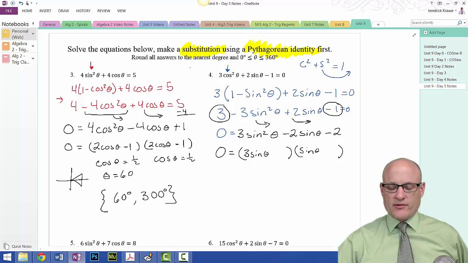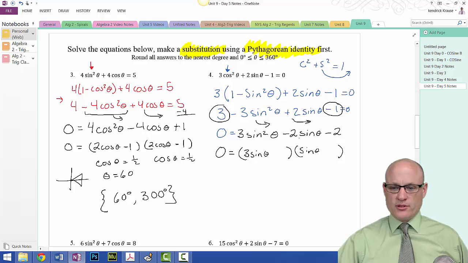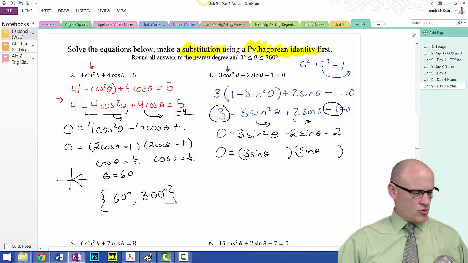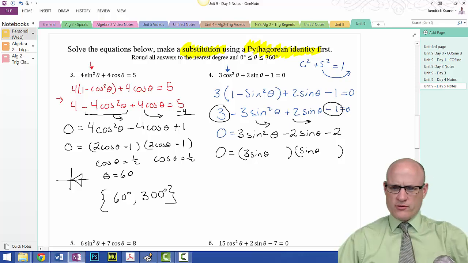Let's think. This is embarrassing because I made the answer key up and now I'm embarrassed. 2 and 1. I need a 2. So I make this 1, I make that 2. That doesn't make sense. 3 sine theta, 3 sine theta. That's a minus 2. Minus 3 and plus 1. Am I doing something wrong, kids?